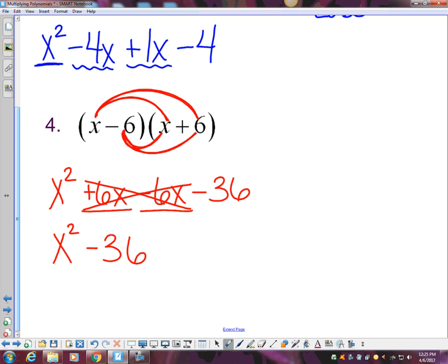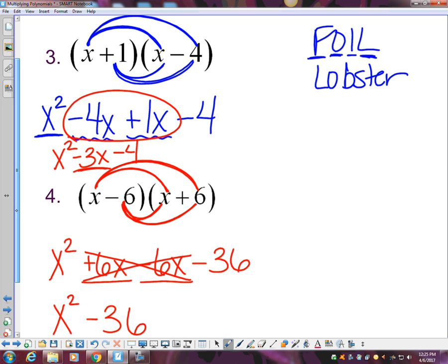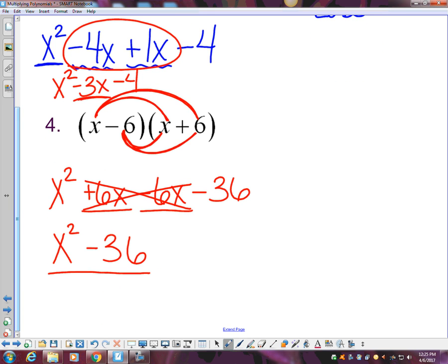So how is number 4 different from number 3? Well, when we got to the middle two terms of number 3, they didn't cancel. That gave me x squared minus 3x minus 4. I had this middle term in my final answer. Well, on this final answer, I only have 2 terms. That's because my middle 2 terms canceled. Okay, so let's think about it. Go back and look at the original problem.